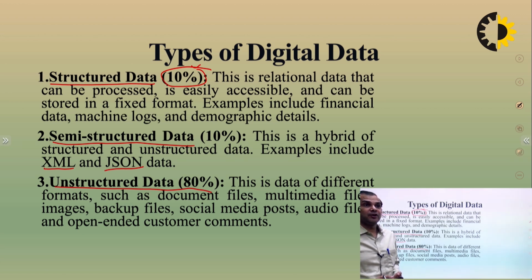It is not in a proper format, and it makes up about 80% of data. It has different formats: document files, multimedia files, images, backup files, log files, social media posts, audio files, and open-ended customer feedback.